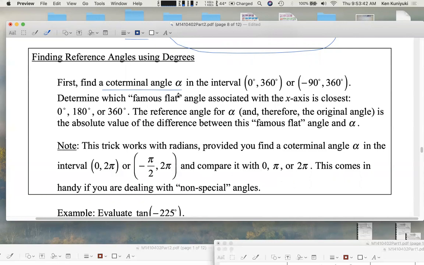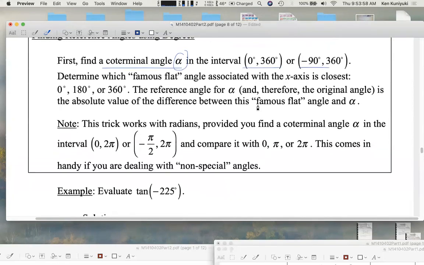So find a coterminal angle, alpha, that's either between 0 degrees and 360 degrees, or slightly negative. So here's how you would find a reference angle for either theta or alpha. You're going to take the absolute value of some flat angle minus alpha, this nice coterminal angle. It could be the original angle.